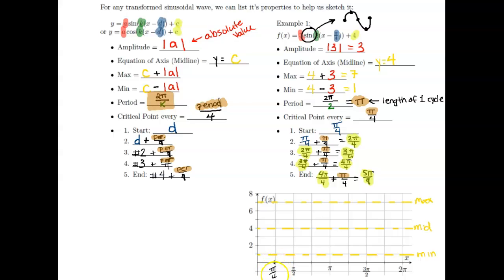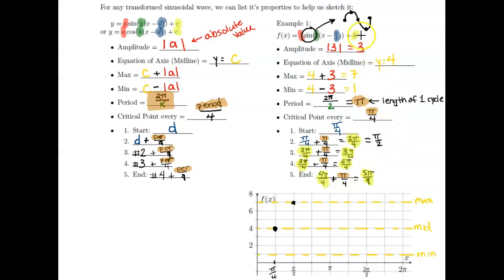And according to sine, my first critical point is at my midline. So at pi over 4, I'm at my midline. My next critical point is 2 pi over 4, or, when it's reduced, pi over 2.